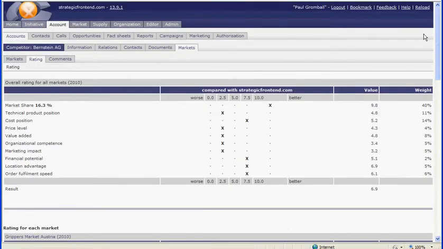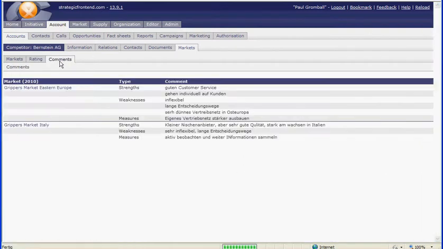And this gives you a McKinsey-style competitive analysis, I think, supplemented by comments you find in the market where you see the strengths, weaknesses, and measures you have already taken. So it gives the whole thing of competitive intelligence, a very pragmatic and very deep insight into the situation of the competition versus your position.